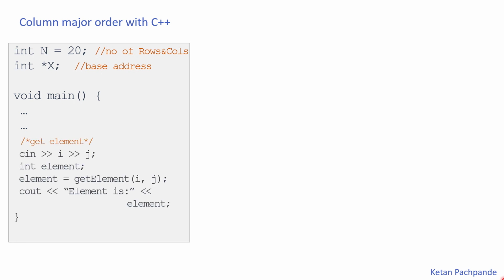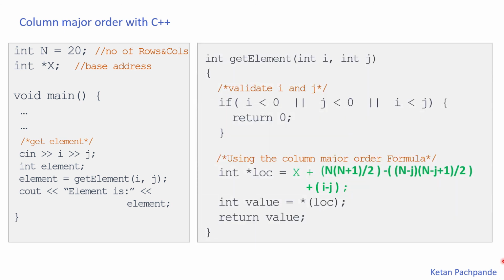Retrieval is the same as the storing of an element. The same formula I have to use, but instead of storing the value at that location, once I get the location, just retrieve the value, read the value from that location. So I say value at that location, let me read it in the local variable value, and I return just the element.